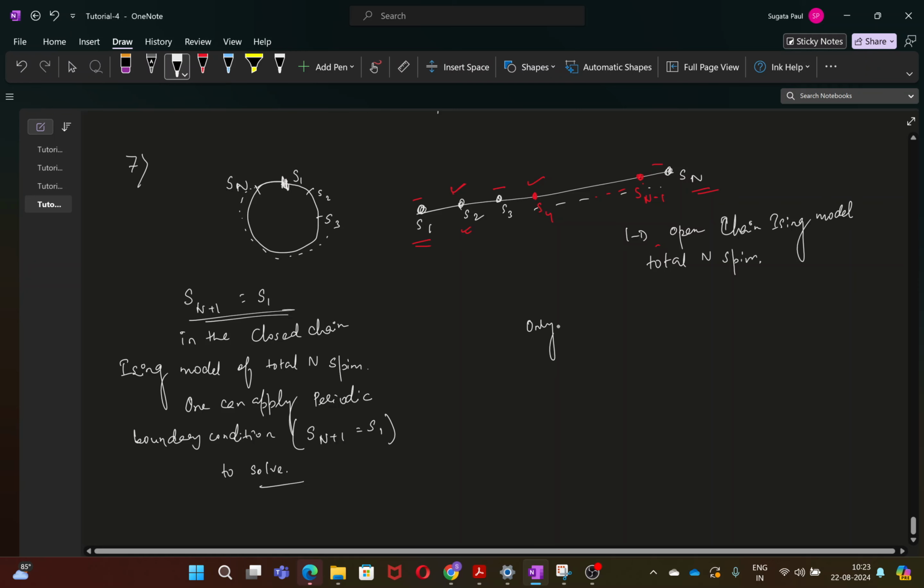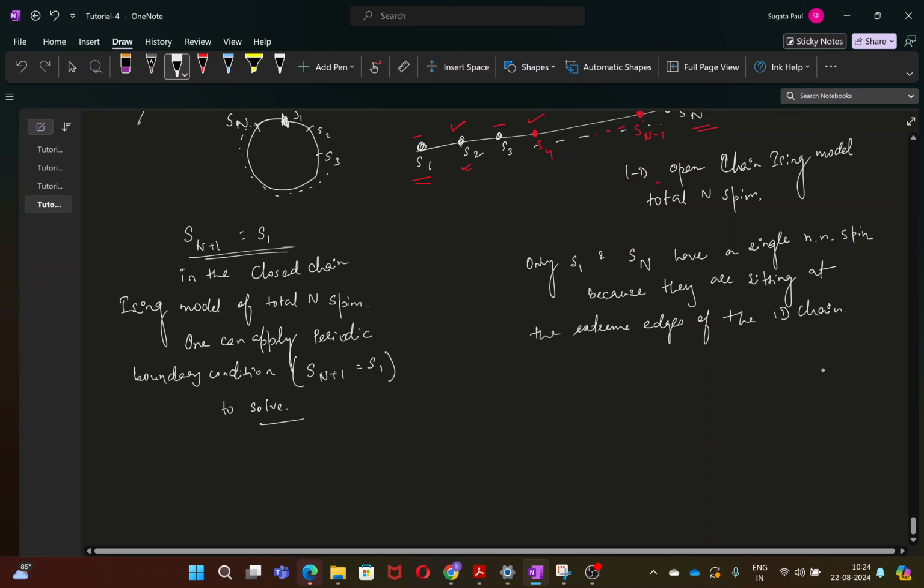So only S1 and Sn have a single nearest neighbor spin because they are sitting at the extreme edges of the 1D chain.